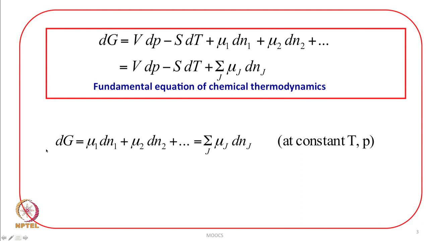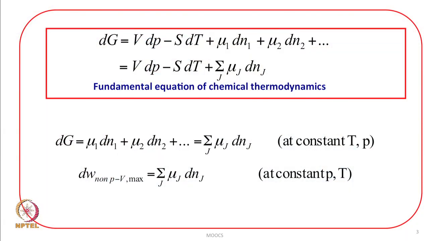And I again connect this dG to our previous discussion, that the change in Gibbs energy at constant temperature and pressure is equal to the maximum non-pressure volume work that we can extract from the system.